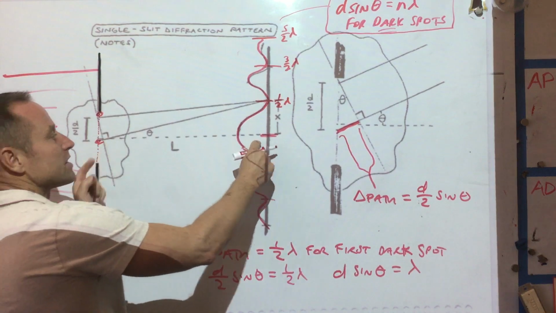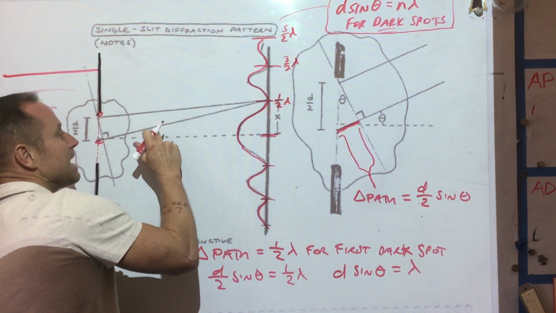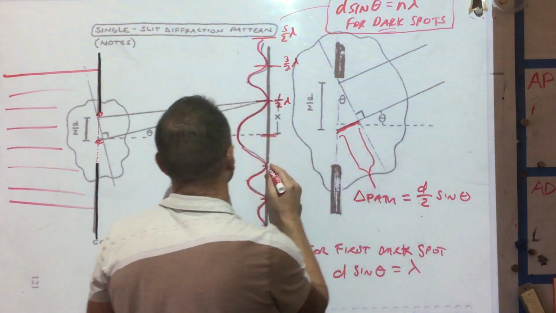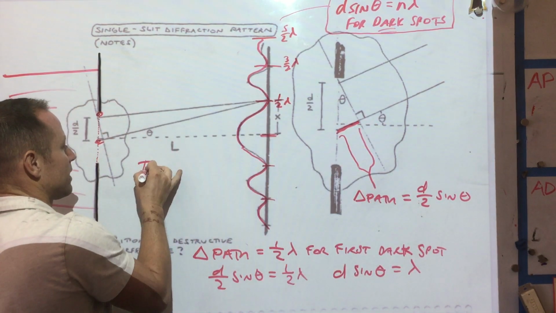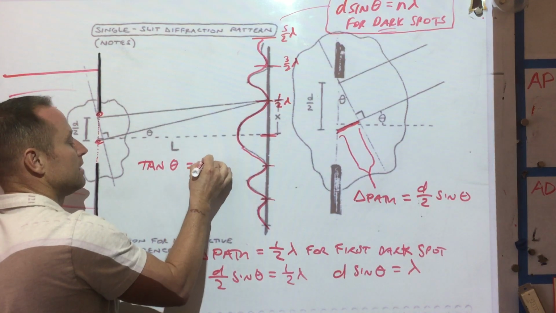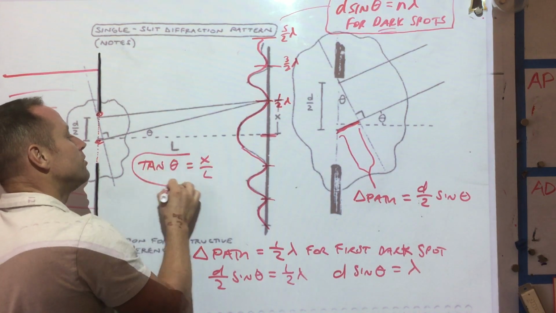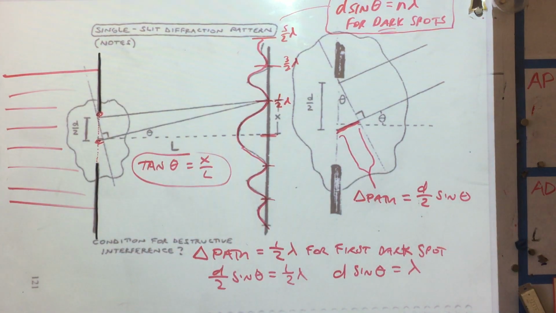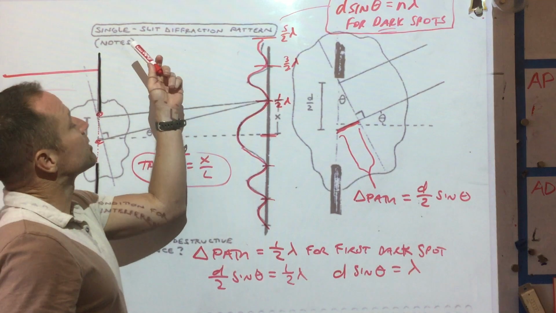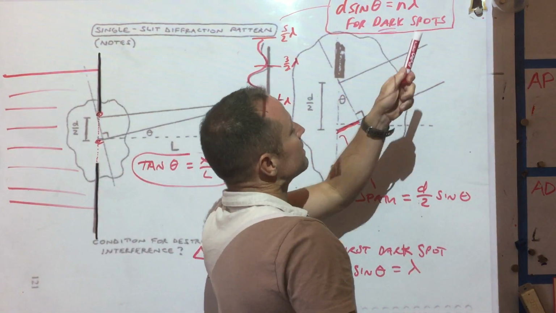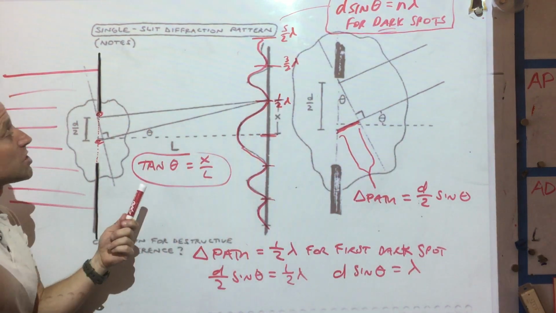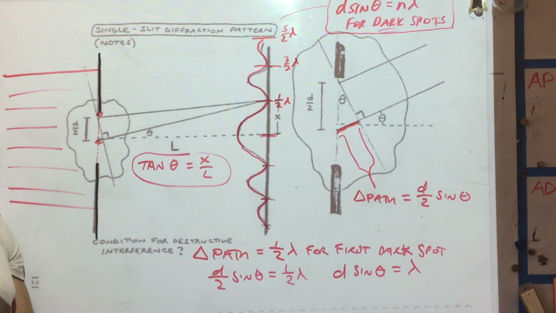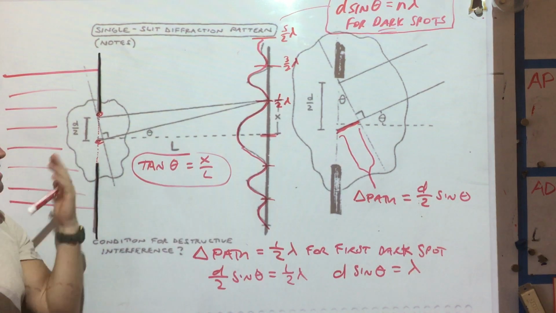And by looking back at this picture, the tangent of this angle is opposite over adjacent, or x over L. So it's still the case that tangent theta is x over L. You get to use these two relationships for both the single slit and the double slit. It's just that for the single slit pattern, it finds the dark spots, where for the double slit pattern, that exact same relationship finds all the bright spots. So just realize that's going to be the case.